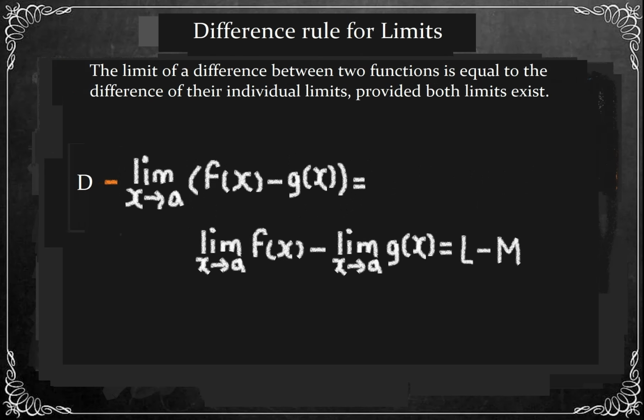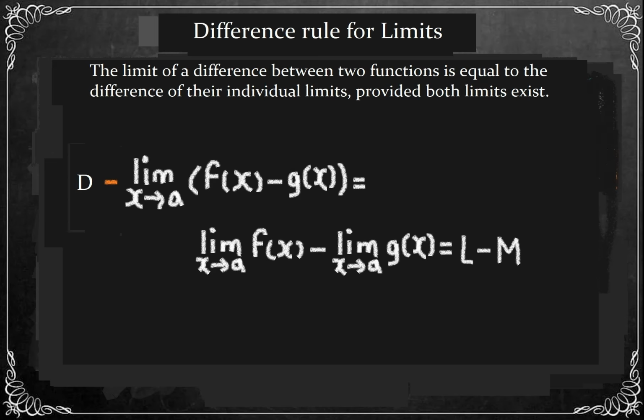Next we have, not surprisingly, the difference rule for limits, which states the limit of a difference between two functions is equal to the difference of their individual limits, provided both limits exist. That's a key phrase. In order for them to exist, e to x needs to be continuous.